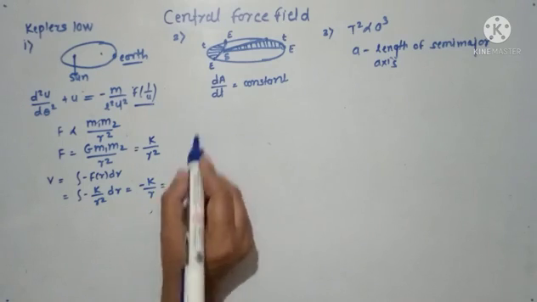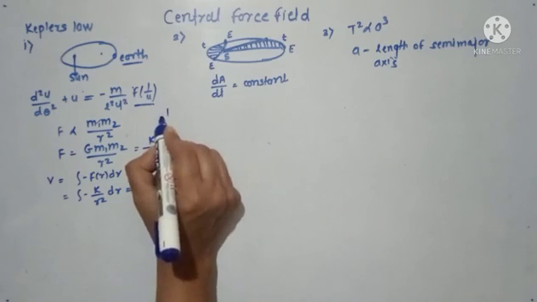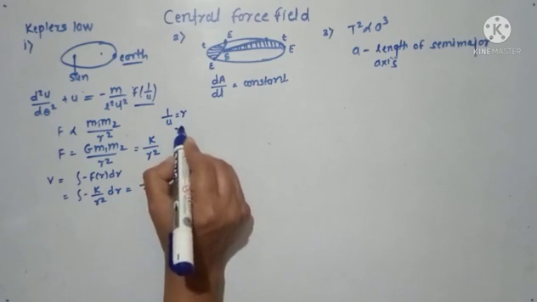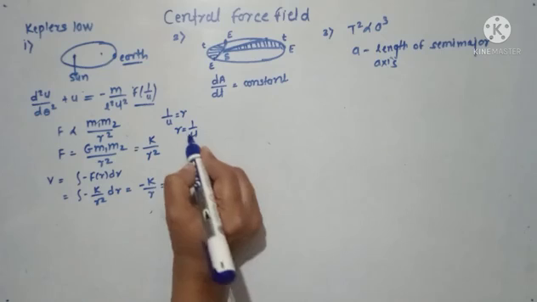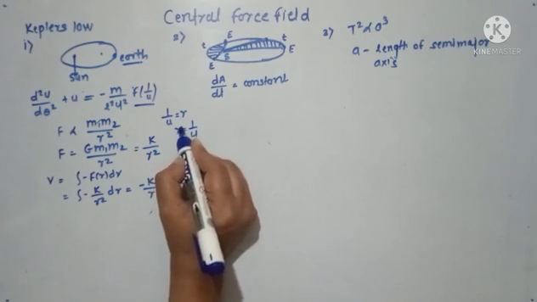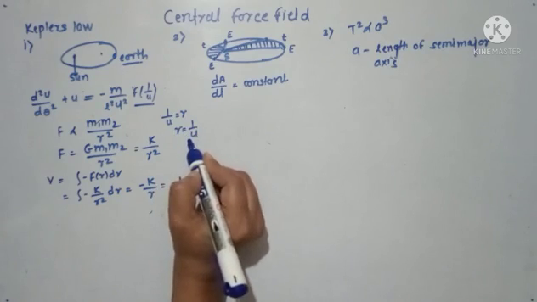We have already seen in a previous lecture that 1 upon u is nothing but r, or r is equal to 1 upon u. So u is any function which is inversely proportional to r, which is the definition of the central force field.